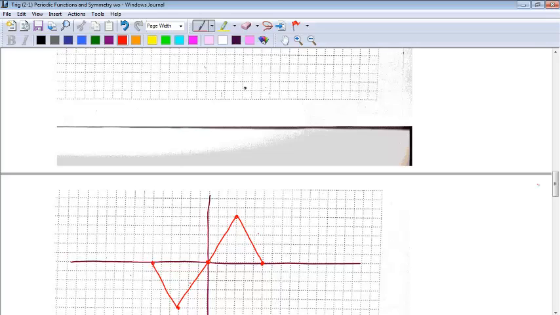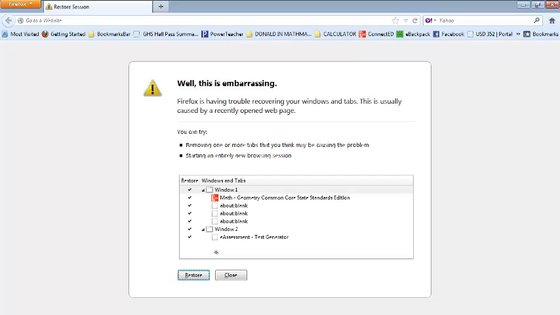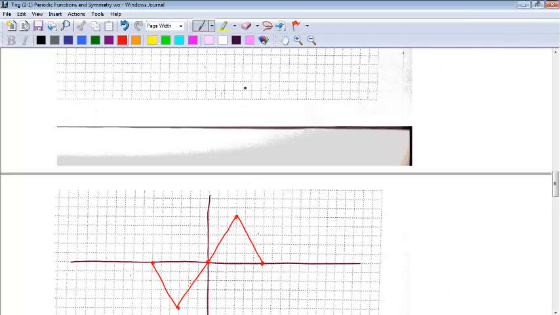Okay? If I say it repeats every 1, 2, 3, 4, 5, 6, 7, 8, 9, 10, 11, 12. It repeats every 12. Okay? So it's at 0. This y value is 0 and it's going down.